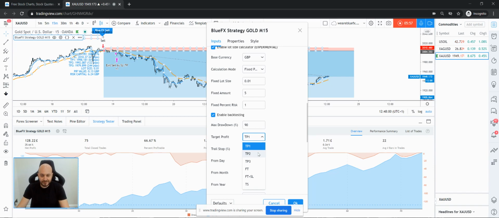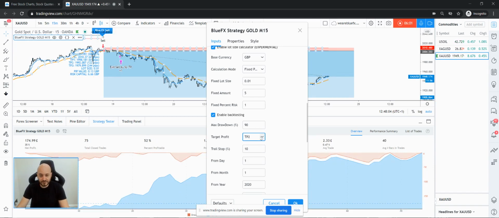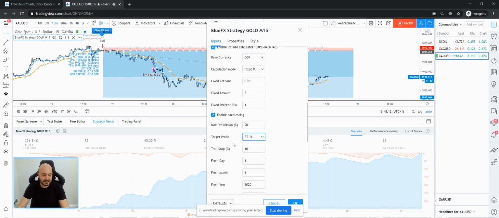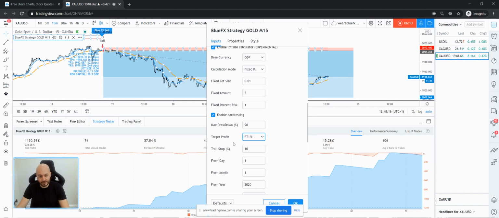So TP1 is 25% net profit, TP2 is 35% net profit, TP3 is 67% net profit, and FT and SL is 226% net profit. So that really does explain why we have the money management strategy we do with that.